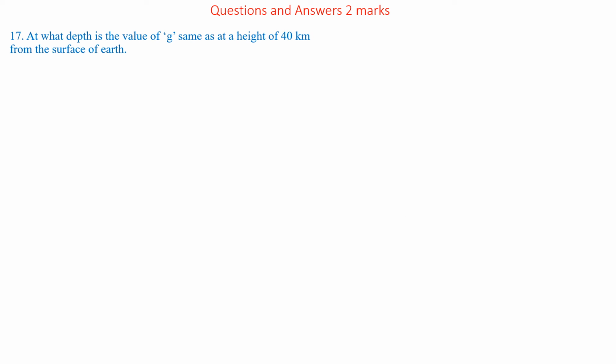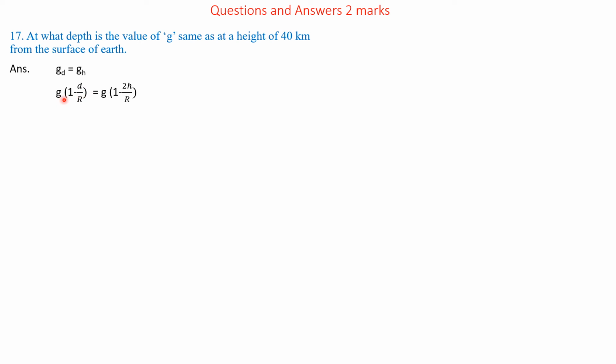Next question. At what depth is the value of g the same as at the height of 40 kilometers from the surface of the Earth? So g at depth d should be equal to g at height h.